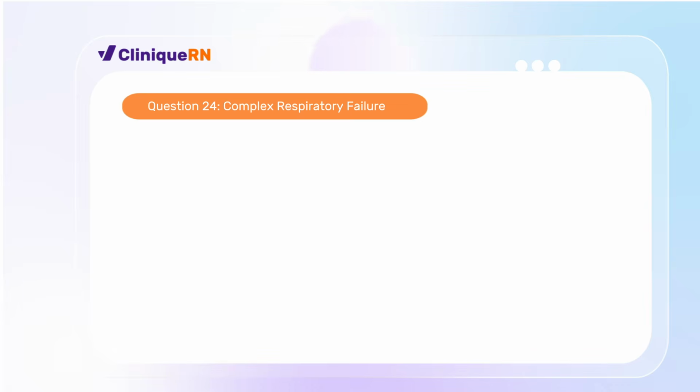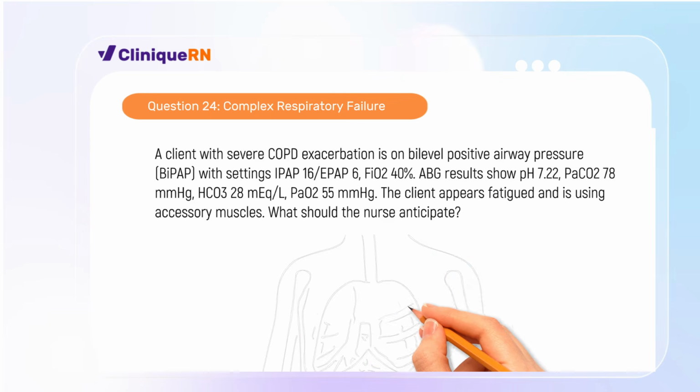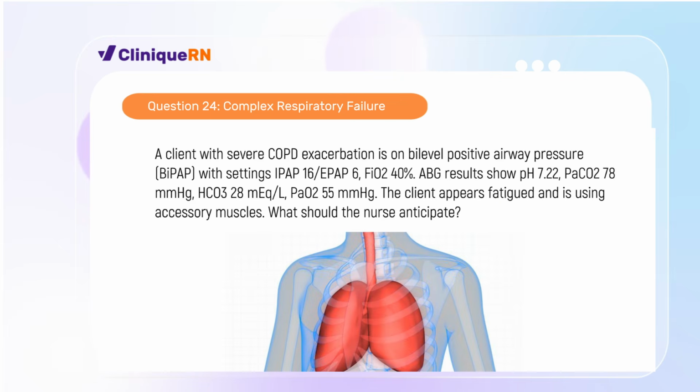Question 24. Complex respiratory failure. A client with severe COPD exacerbation is on bi-level positive airway pressure, BiPAP, with settings inspiratory positive airway pressure 16 over EPAP 6, fraction of inspired oxygen 40%.